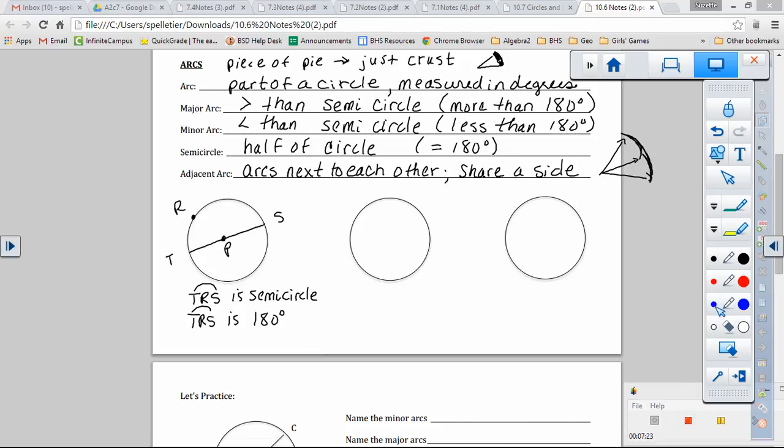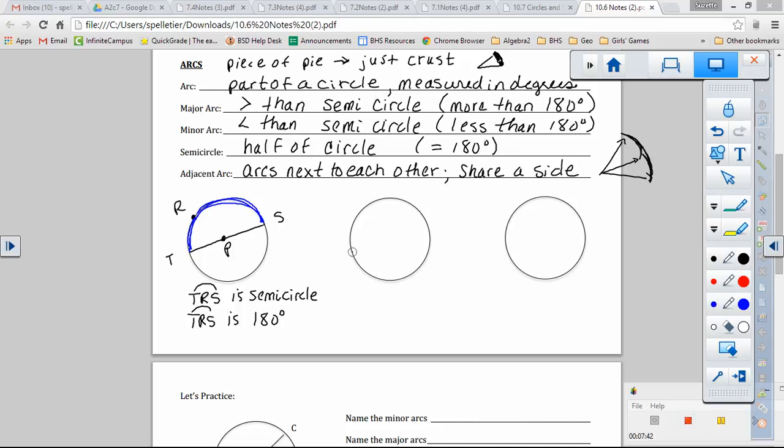And just to reiterate, to give that some clarity, you start at T because the name is TRS, you travel to R, and then you travel to S. So there is our arc. Okay, semicircle TRS.